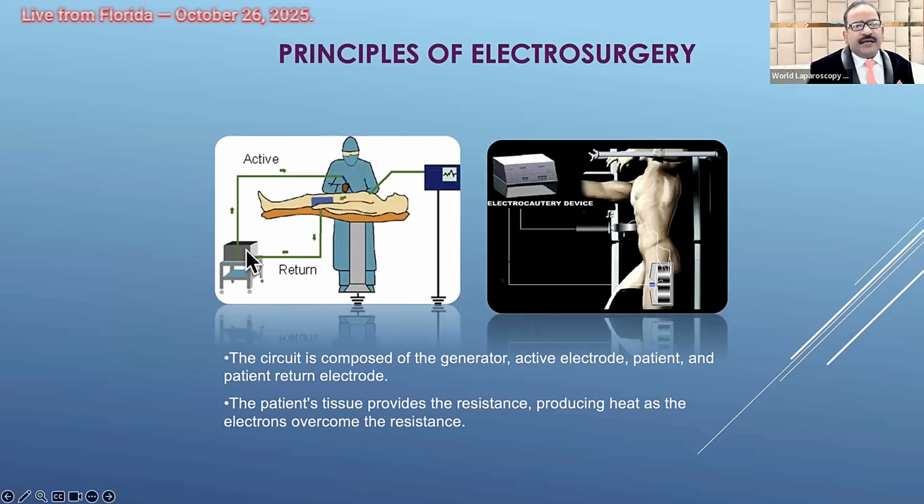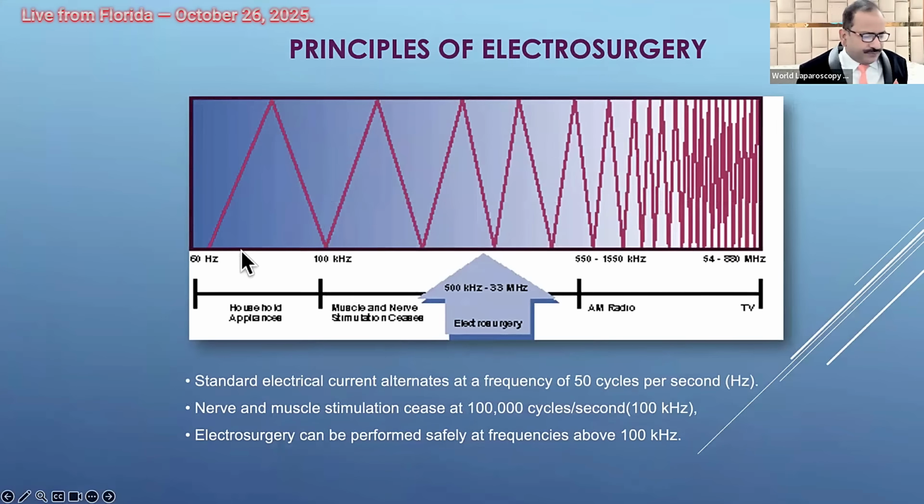We can see that we have this electrosurgical unit, and this unit has the frequency of 500 kilohertz to 3.3 megahertz. This is the frequency allocated for electrosurgery.